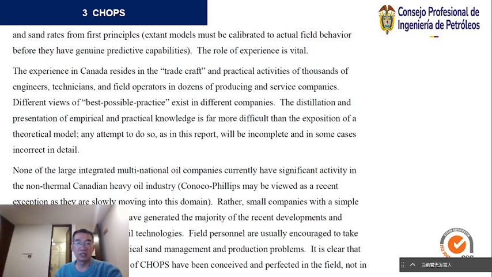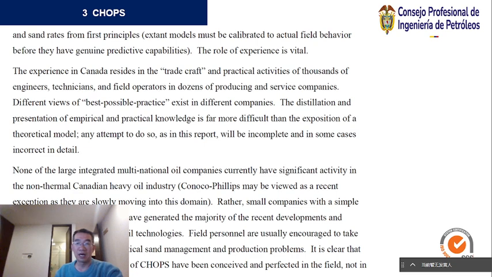None of the large integrated multinational oil companies currently have significant activity in the non-thermal Canadian heavy oil industry. Rather, small companies with a simple horizontal command structure have generated the majority of the recent developments and experience base in new heavy oil technology.